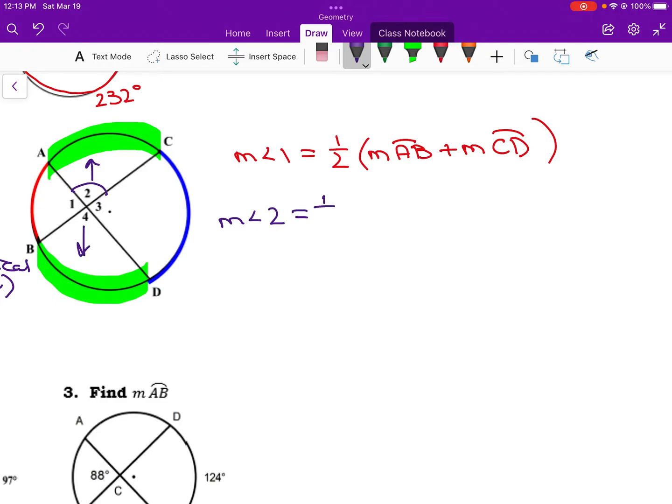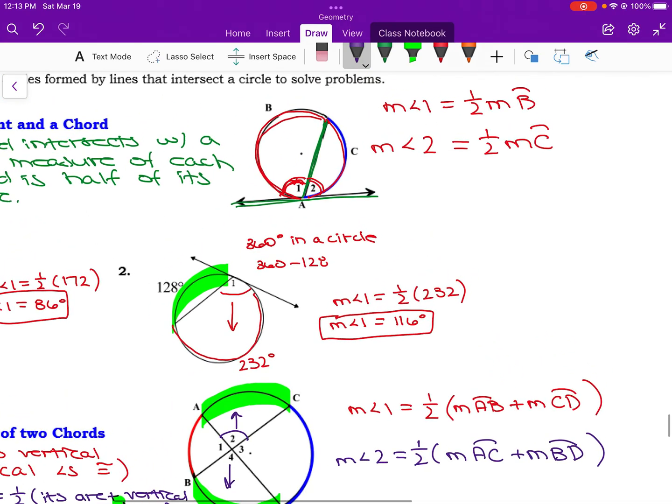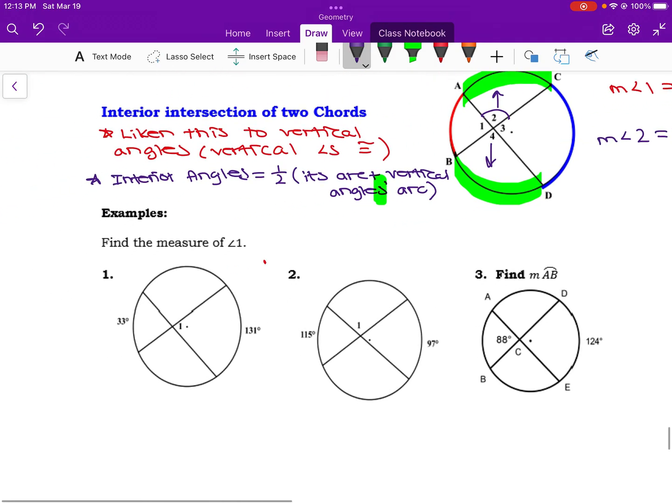So measure of angle 2 is 1/2 of the measure of arc AC plus the measure of arc BD. Very similar. Notice that theme of multiplying by 1/2 is coming into play again, but now you're just summing 2 different arcs.